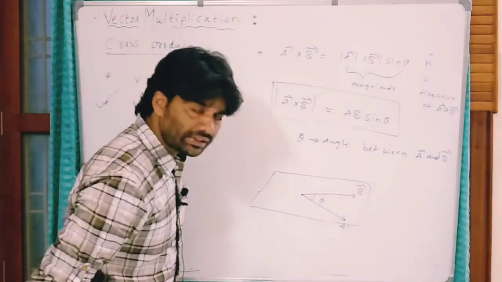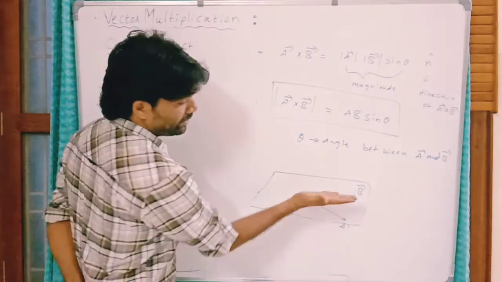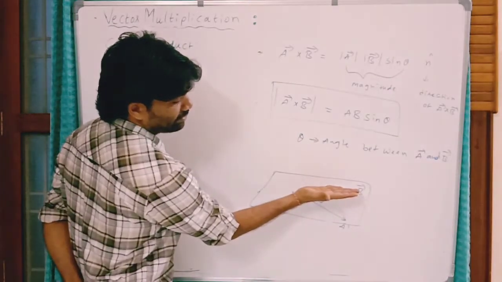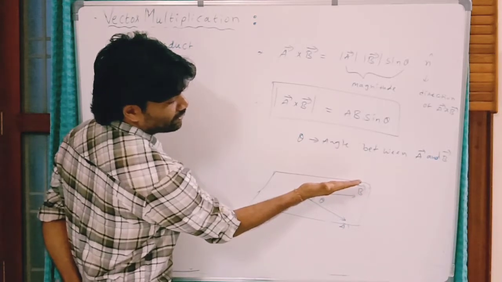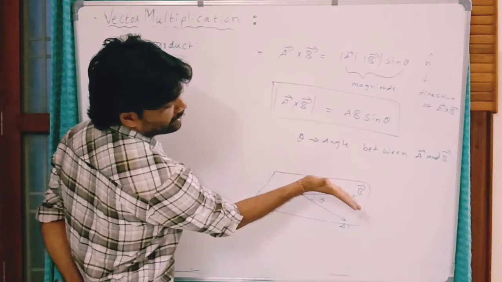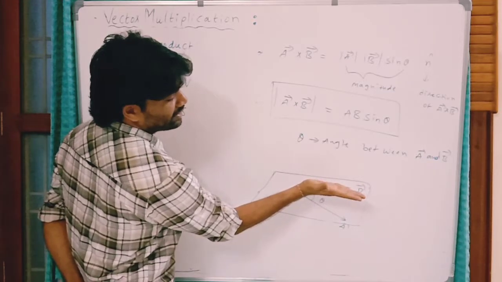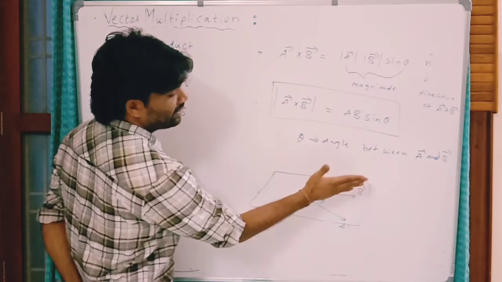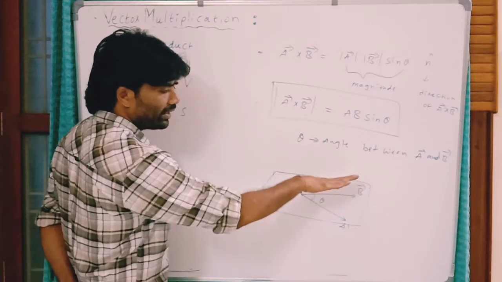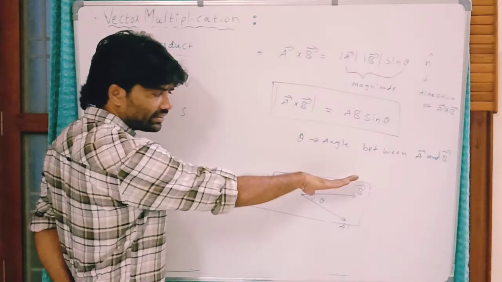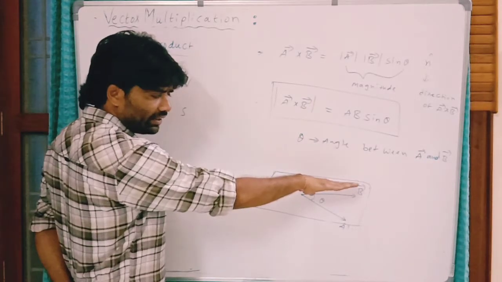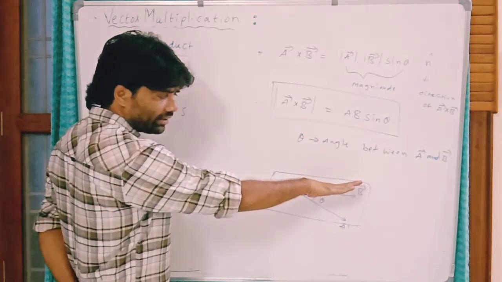To know the direction of B cross A, now keep these four fingers along the direction of B and try to close these four fingers towards the A vector. So we cannot close these fingers back towards A. That is why, instead of keeping these fingers like this, you can close comfortably by keeping the right hand four fingers along the direction of B vector like this. Now you can close these right hand fingers towards the A vector happily.